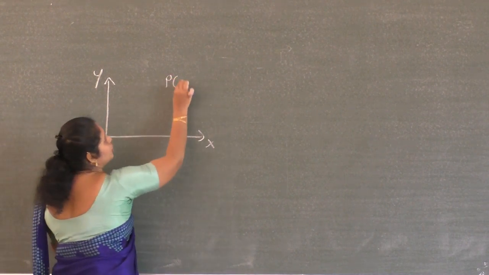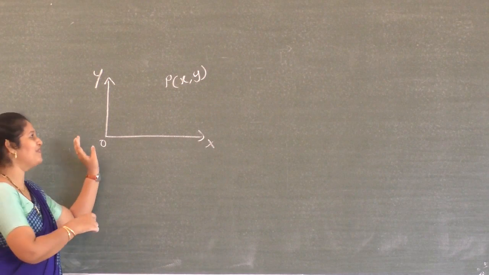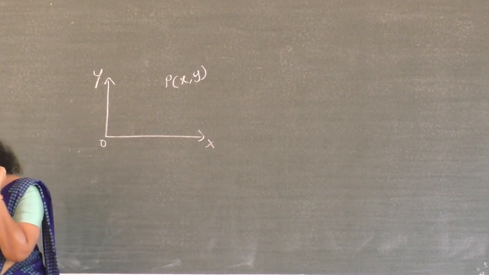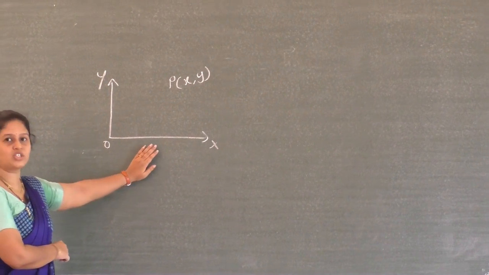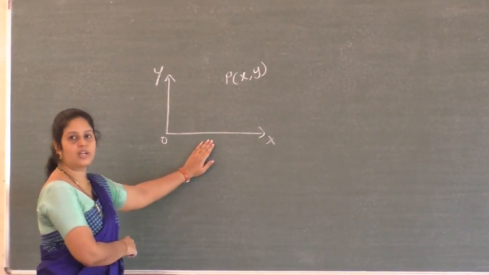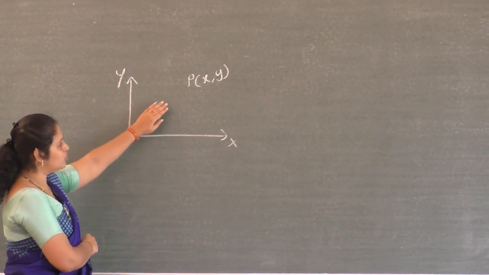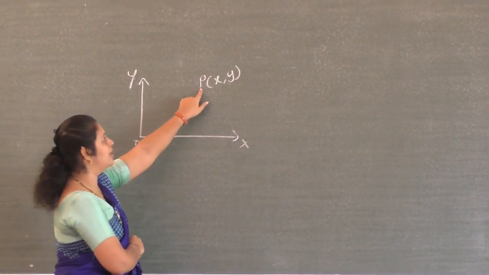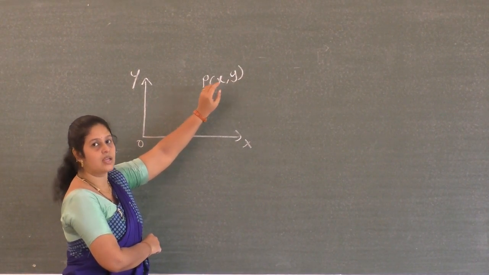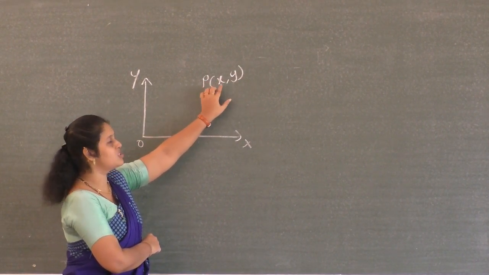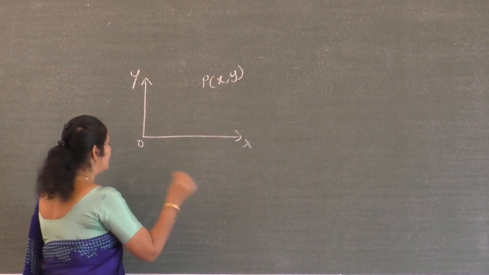You know that any point on the 2D plane is in the form of an ordered pair. Now consider the two-dimensional plane. So I am going to write a two-dimensional vector. Here let me take one point P, x comma y. We know that x comma y is an ordered pair.